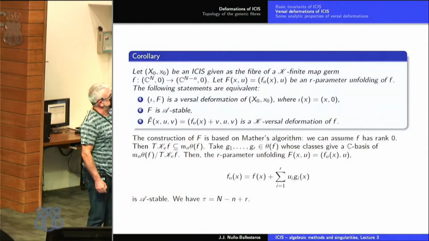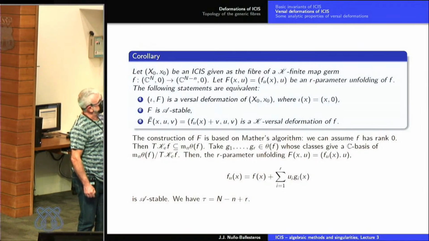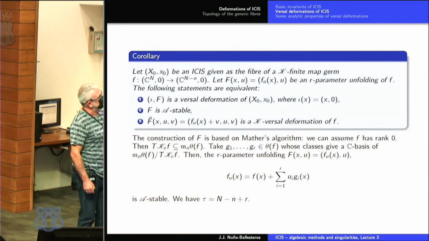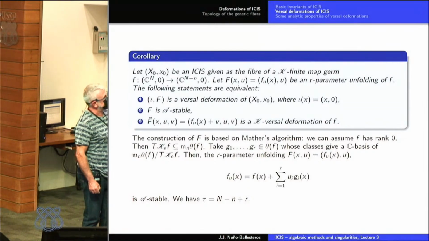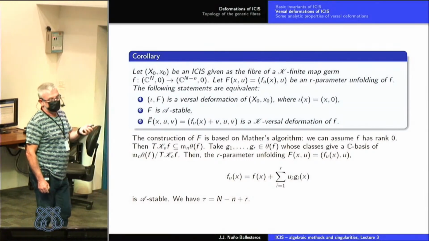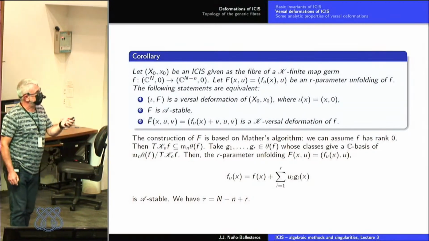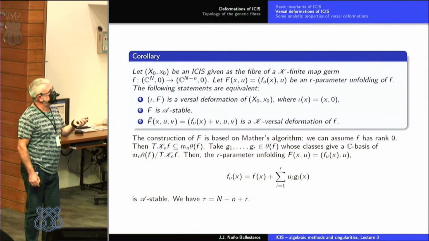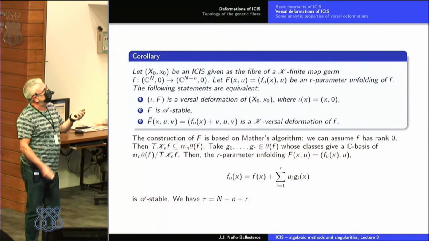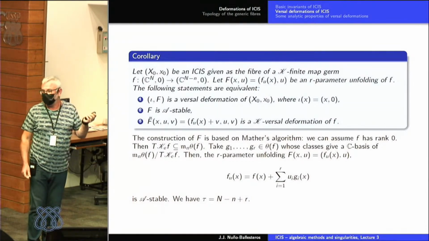So this mapping is A-stable. And it follows as a consequence of the theorem that tau is equal to n minus N plus the number of parameters, r. So this is the way to construct a stable mapping, or equivalently, a versal deformation of any ICIS.